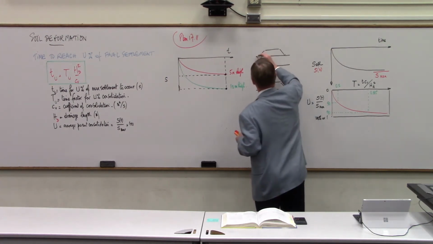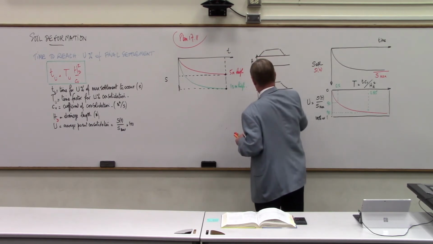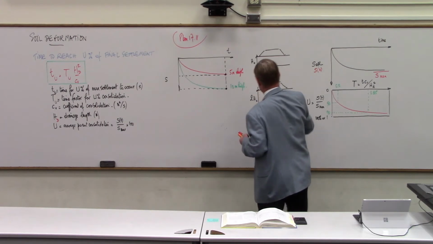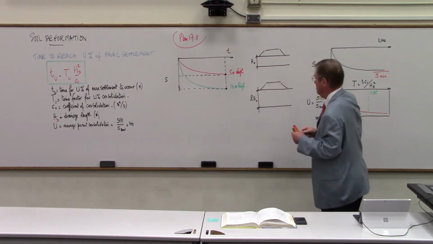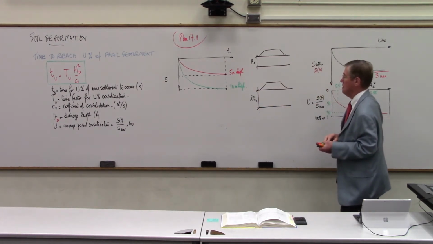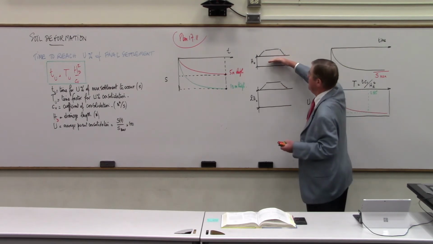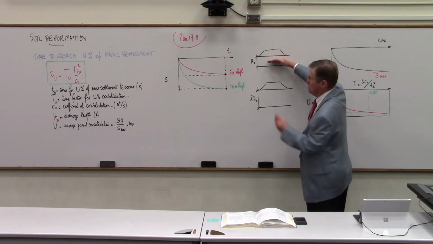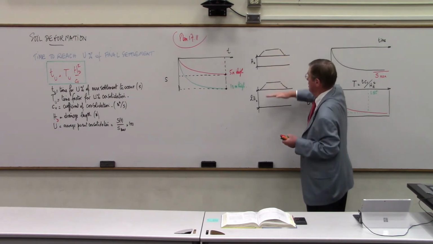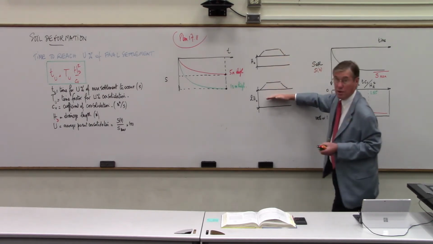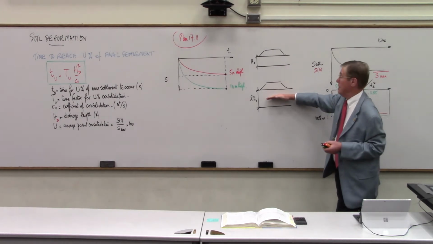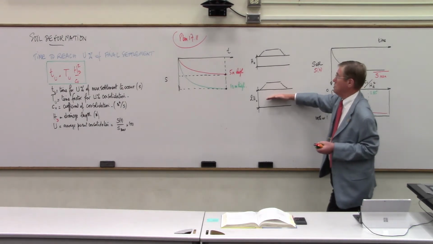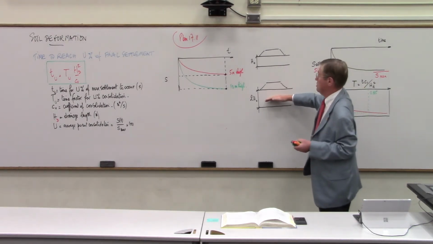So let's say this is H0 and this is 2H0, and let's say we have one-way drainage, although that's not going to make any difference. If it takes 5 years for this embankment to reach 90% consolidation, how long will it take for this one to settle and reach 90% consolidation?